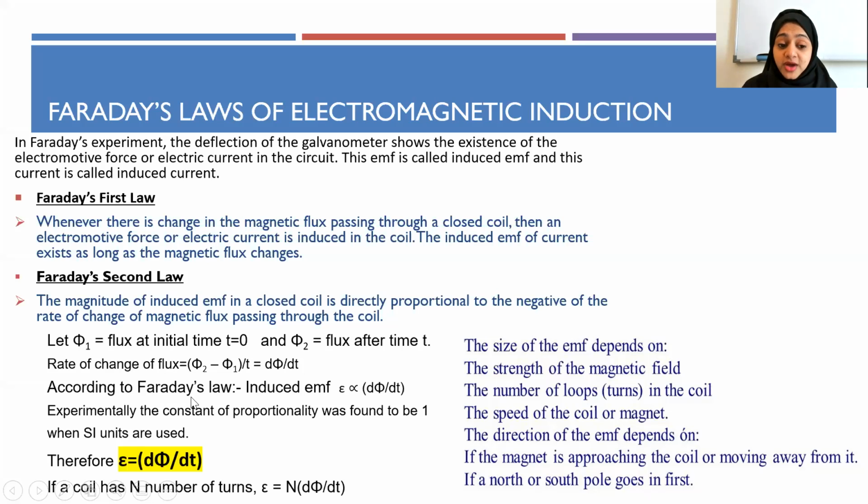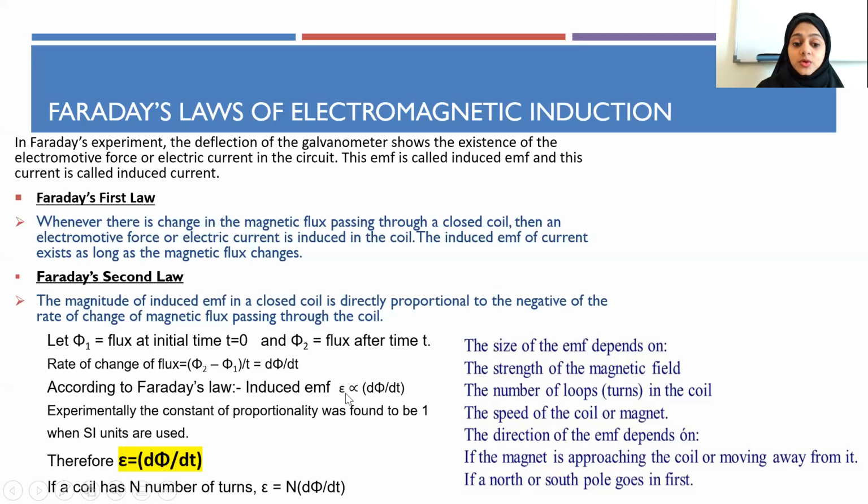So according to Faraday's second law, the induced EMF, represented by E or epsilon, is directly proportional to the rate of change of flux. In your textbook, epsilon is the symbol used, that's why I wrote epsilon here. Epsilon is proportional to d phi by dt. Is that clear?